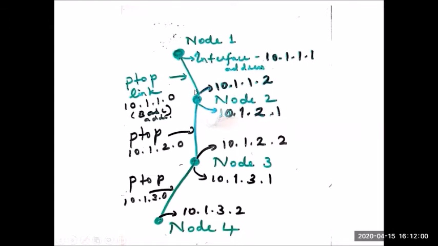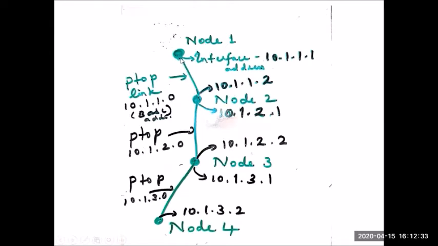This first point-to-point channel, which I've written here as P2P link, between node 1 and node 2, is given a base address 10.1.1.0. Remember, this is a 32-bit IP address. So the base address of this channel is 10.1.1.0, and this base address should not be used for the interfaces.